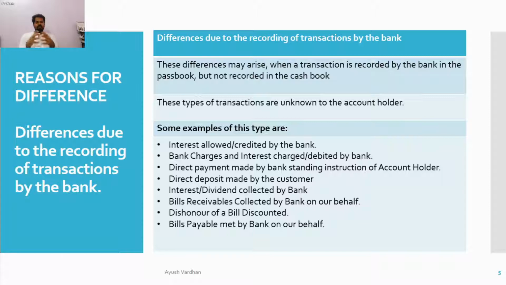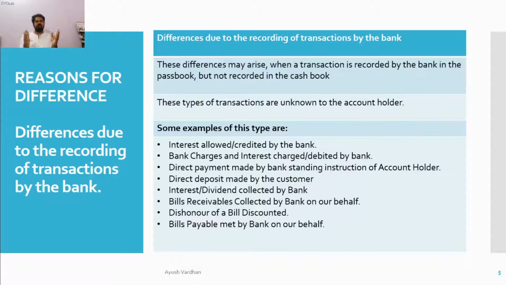Some examples of these are interest allowed or credited by the bank, charges and interest charged or debited by the bank, or direct payment made by the bank on the instructions of the account holder, as already talked about with the insurance payment that you have authorized the bank to make. Another is a direct deposit made by the customer.